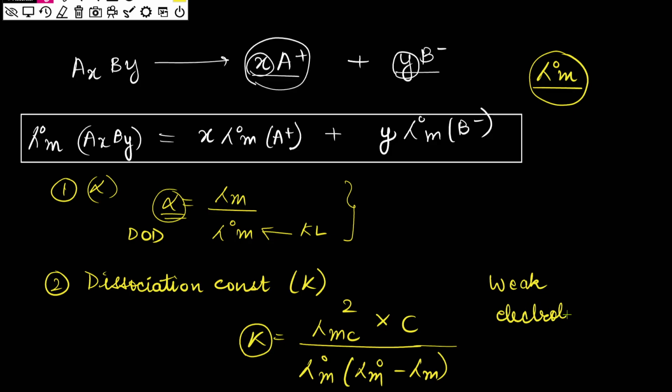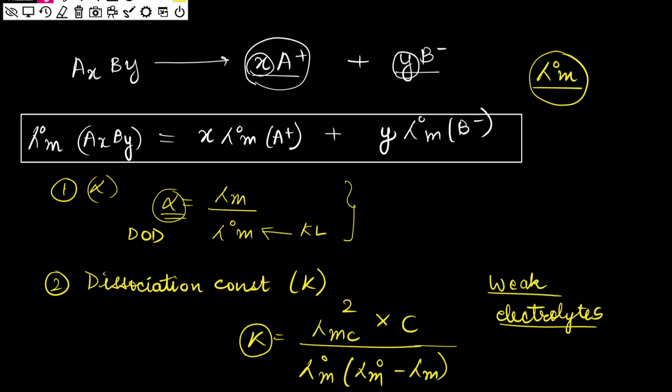So K is equal to lambda m squared multiplied by C, where lambda m is the molar conductivity at a particular concentration and C is the concentration of that electrolyte, divided by the molar conductivity at infinite dilution, that is the limiting molar conductivity, multiplied by lambda m infinity minus lambda m. So this is another application of the Kohlrausch law.